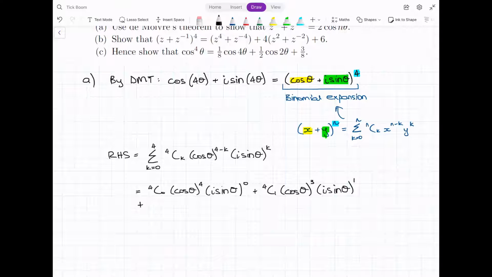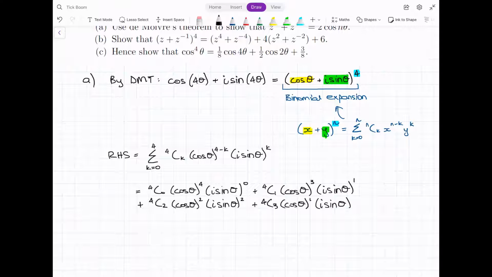And then we'll add to that 4c2 cosine theta to the power of 4 minus 2, which is 2, and then i sine theta to the power of 2, plus 4c3 cosine theta to the power of 4 minus 3, which is 1, and then i sine theta to the power of 3.